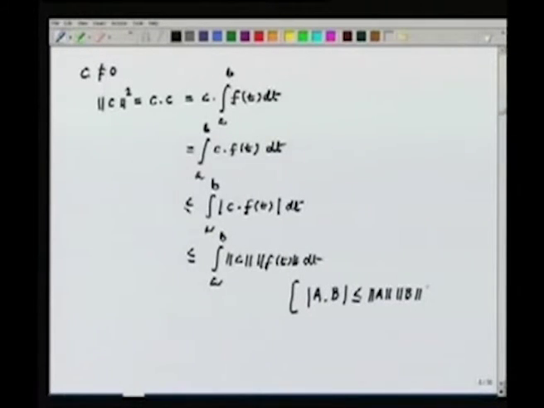This is called the Cauchy-Schwarz inequality. It is not very hard to prove. You can look at any book which talks about vectors. This result will be proved there, or you can try to prove it yourself. Anyway, that would then mean that this is equal to norm c times integral a to b norm f(t) dt.